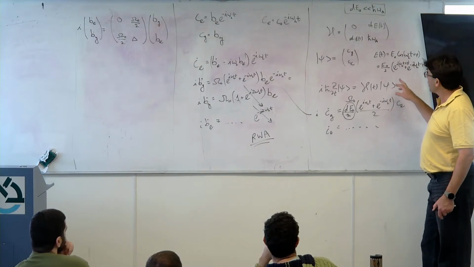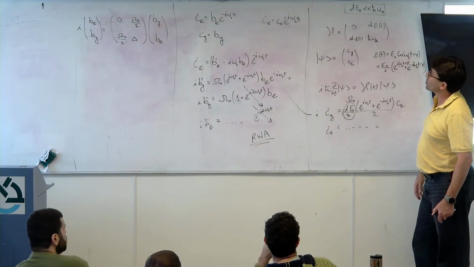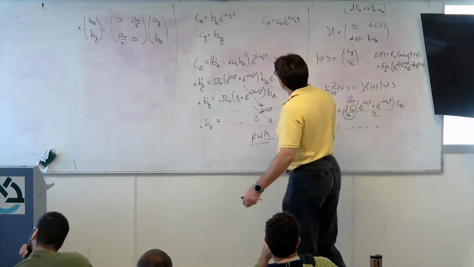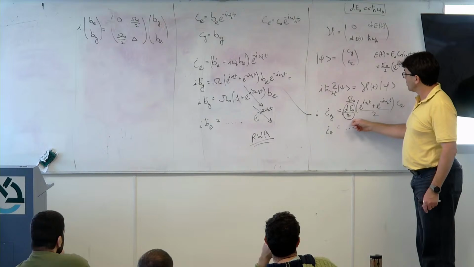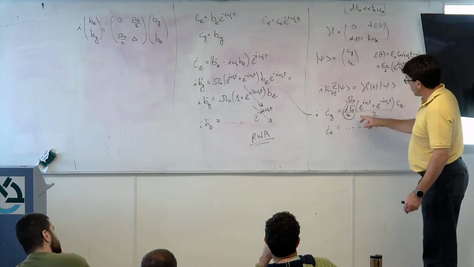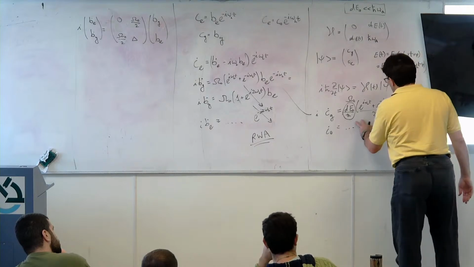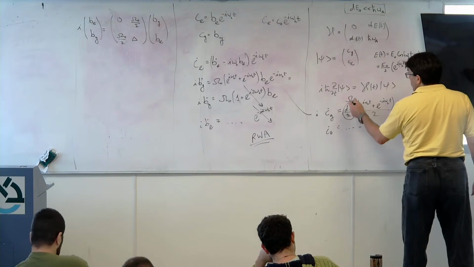I could take that as a phase of pi over 2, and that would mean that this is a complex term.